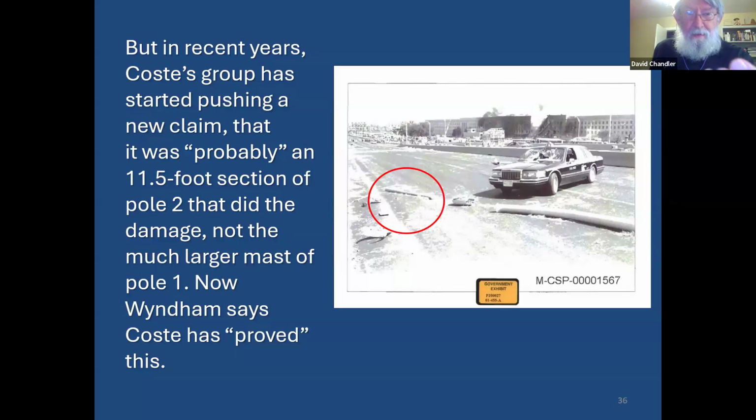Craig Ranke tries to establish that it's this impossible pole that Lloyd is claiming hit the car.